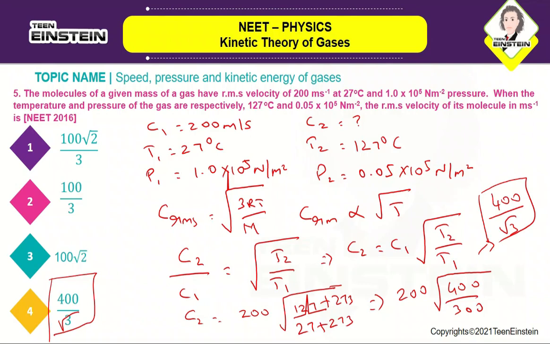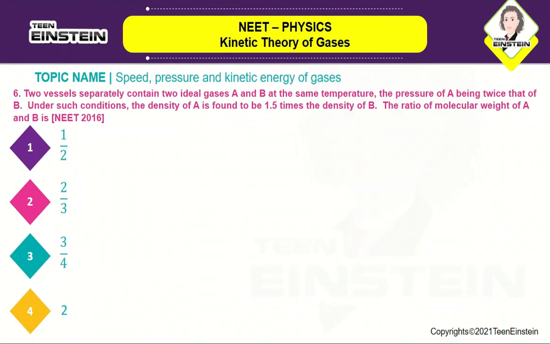In the first condition they gave the RMS velocity, and next they want us to calculate the RMS velocity at this particular temperature. You just substitute the values and easily find it. So the correct answer is option number 4, 400 by root 3. Okay, let us move on to the next question.